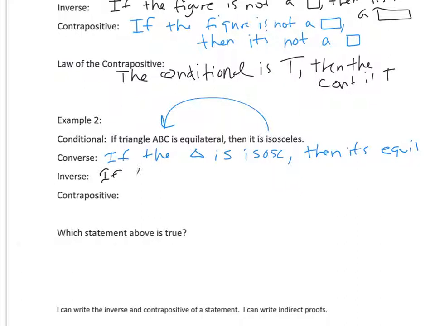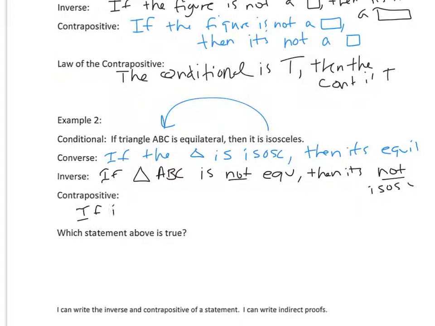If triangle ABC is not equilateral, then it's not isosceles. And the contrapositive is if it's not isosceles, then it's not equilateral. My handwriting's horrible.